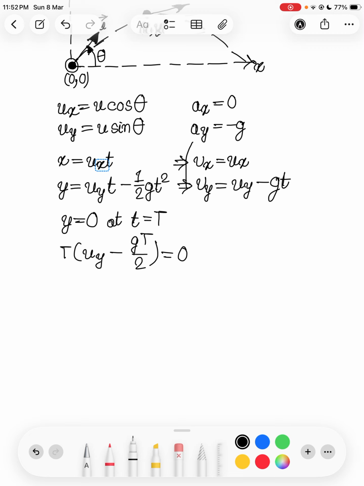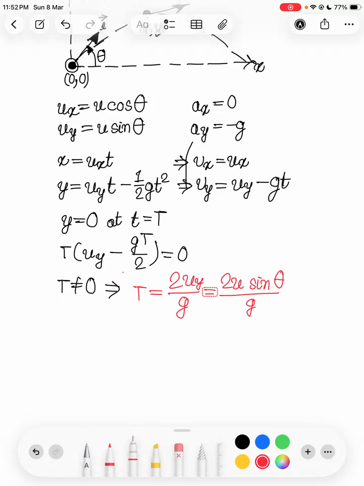Now t is not equal to 0, therefore we directly get that T is equal to 2uy divided by g, or we can also write that as 2u sin theta divided by g, as uy is nothing but u sin theta.